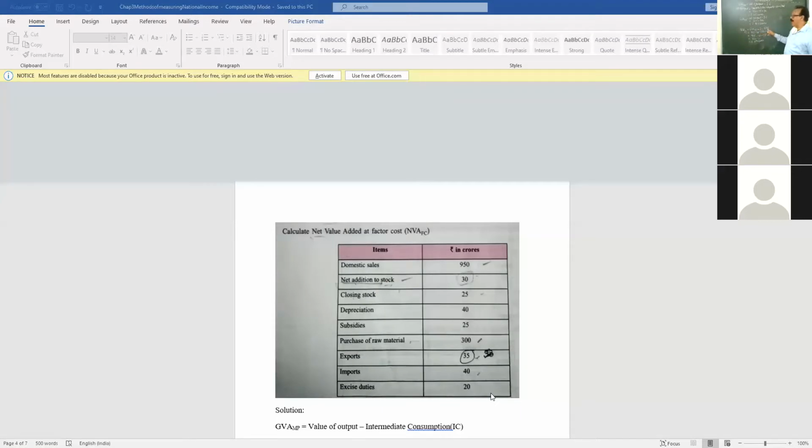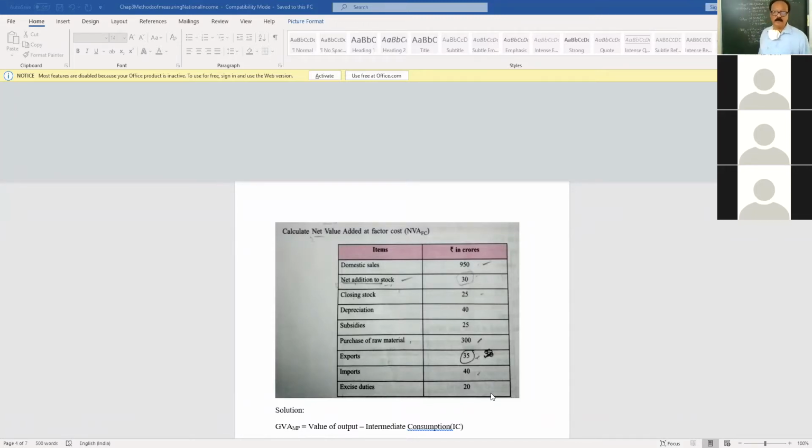NIT is net indirect taxes. How do we calculate net indirect taxes? I had given you the formula in the notes: it is IT minus subsidies. Now, indirect taxes are those taxes charged by the government on production and sale of commodities, right? Examples of IT I had given you, if you look in your notes, are sales tax, custom duties, excise duties. Normally IT would be given directly in the question.